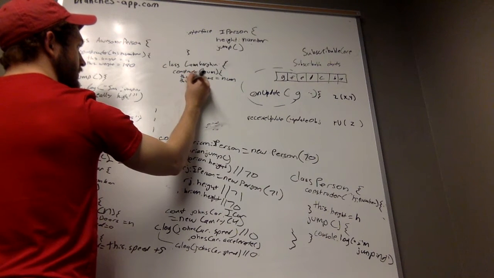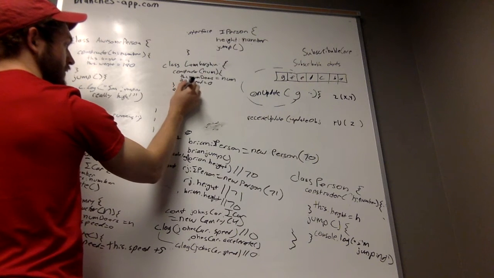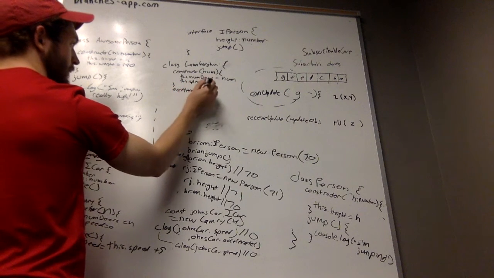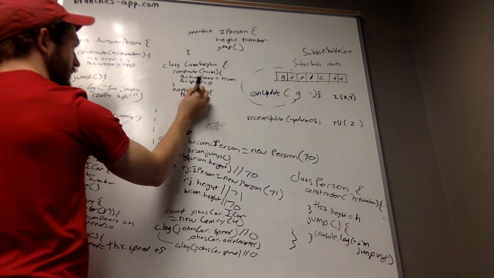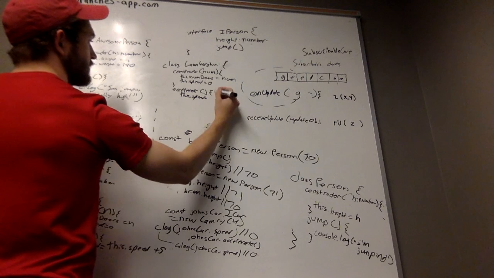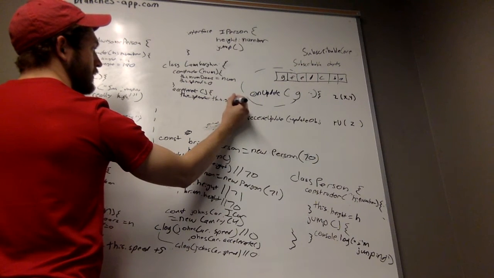This.speed equals 0. Define the accelerate method. It's going to say this.speed is equal to this.speed plus 20.